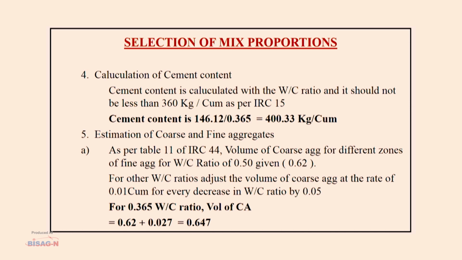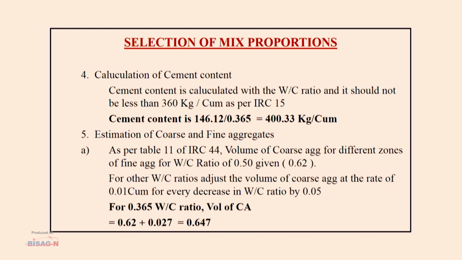After the water cement content is known, estimation of coarse and fine aggregates. As per table 11 of IRC 44, the volume of coarse aggregate for different zones of fine aggregates is given with the water cement ratio of 0.5. In our case, it is coming to 0.62, but our water cement ratio is only 0.35.